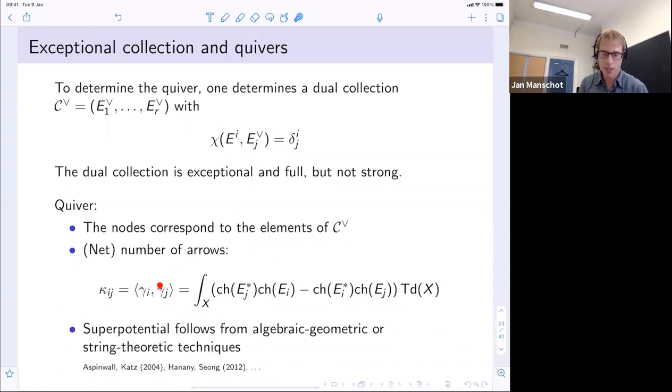The gamma_ij here are the Chern characters associated to the dual ones, and I should have added dual here too. In addition, we need to determine the right superpotential, which one can establish using algebraic geometry or A-infinity algebras or string theoretic techniques, say based on open strings. It's an important piece of data, but I won't go much into it here. You can find the superpotentials in these papers.